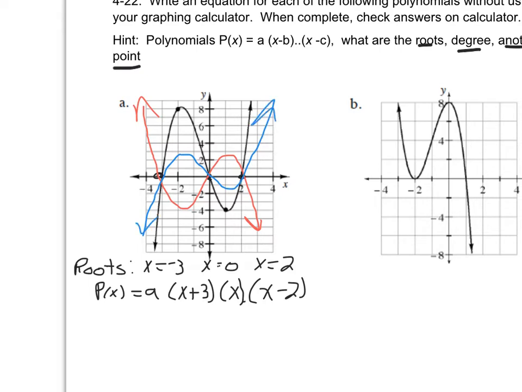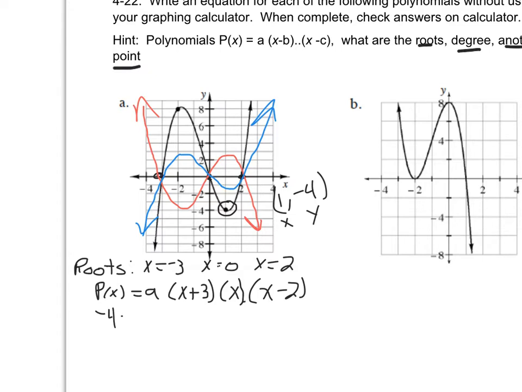So I need to uniquely determine, do I have the red equation, the blue equation, or the black equation? Well, in order to uniquely determine the black equation, I need to choose one point that's on the graph to help me determine my a value. That point is going to be 1, negative 4, where x is 1, y, or the output, is a negative 4.